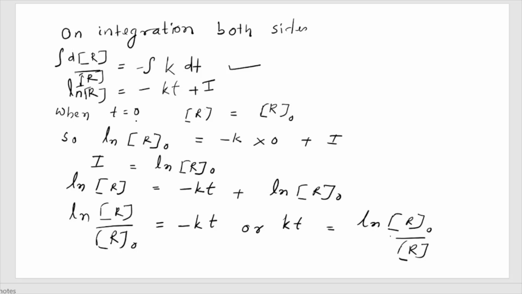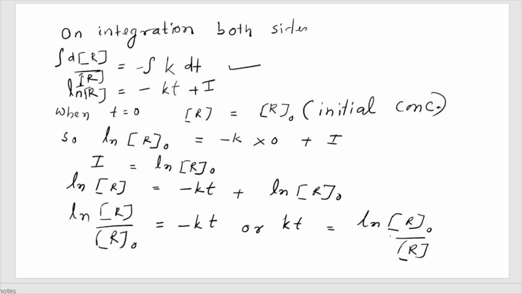When t equals 0, that means the reaction is going to start, it has not started, then time equals 0. So what is the concentration? That should be the molar concentration [R]0. This is called the initial concentration. Initial concentration means the reaction has not started, so at that time the full concentration of reactant is present.